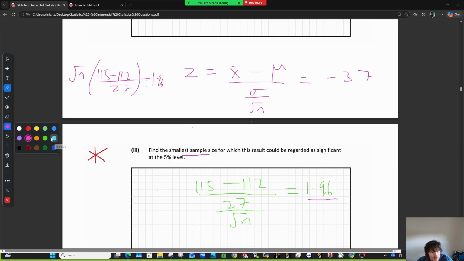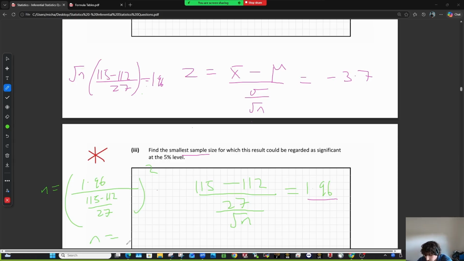In one quick move, you can get the root n on its own. Of course, you can use multiple steps if you don't feel comfortable moving things around like this, but this is a great place to get to if you can. Then you square both sides and you get your n. So let's find n here.